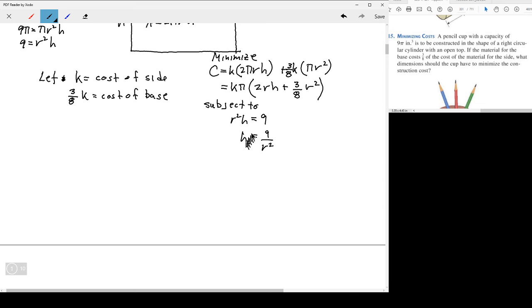And when I plug this in up here, I get that the cost as a function of r is equal to k pi, which I'm going to deal with in a minute, times 2r times h, which is 9 over r squared, plus 3/8 r squared.